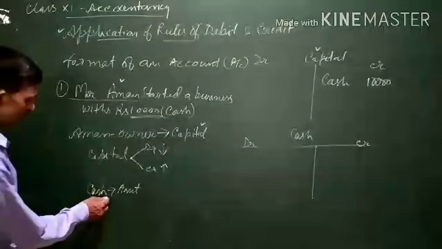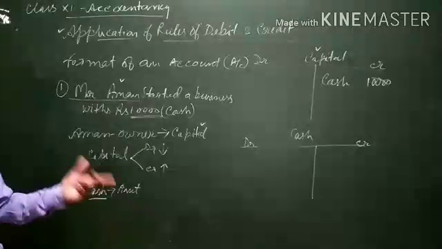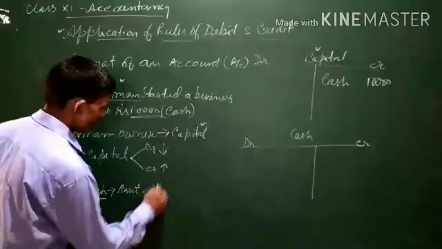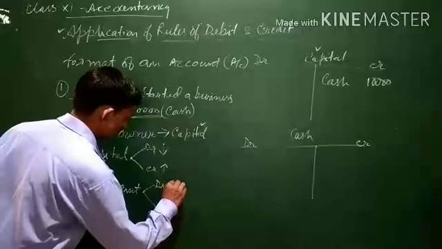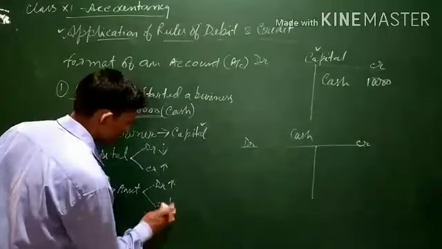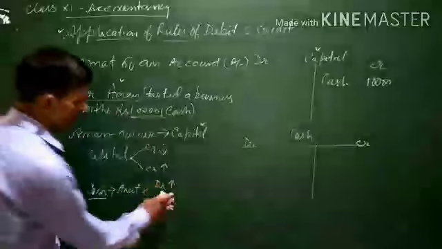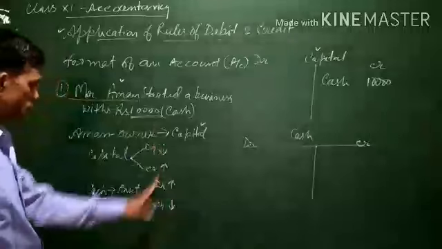And since cash is an important thing which we need, cash is an asset. And the rule for asset was what? For increase in asset, debit. For decrease in asset, credit. Down arrow for decrease, up arrow for increase.